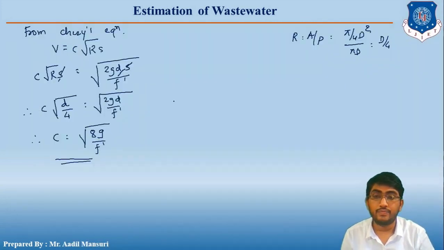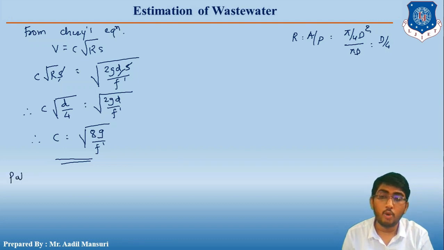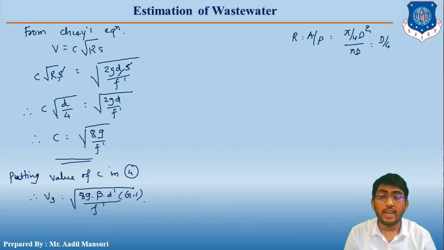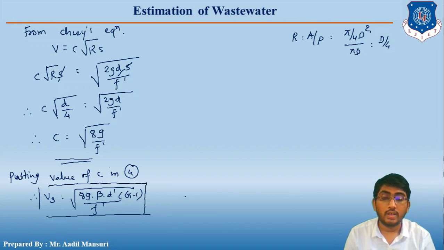So putting the value of C in equation number 4, we get settling velocity as under root of 8g into beta into d dash into (g minus 1) upon f dash, and this equation number 6 is known as self-cleansing velocity.